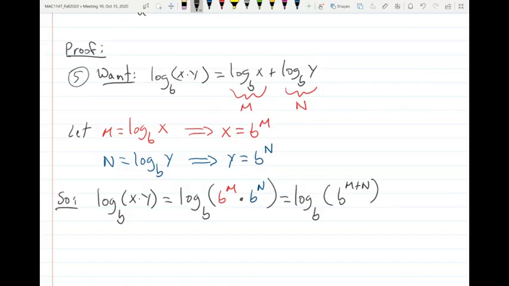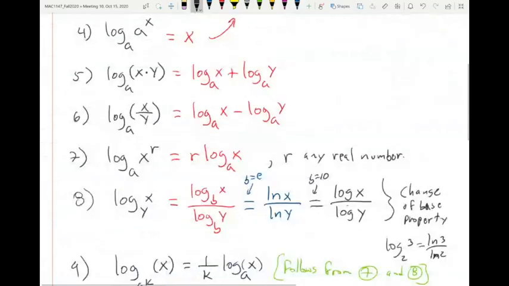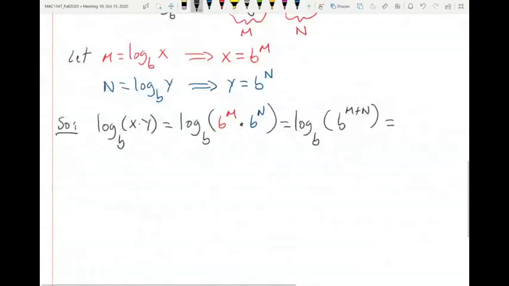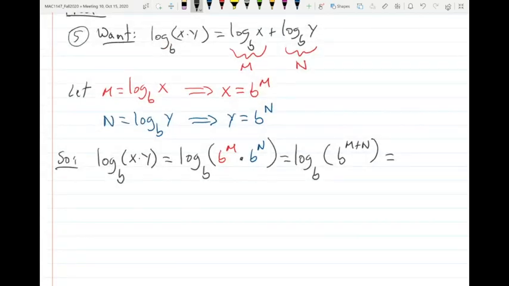But when we look at this, who can tell me what log base b of b to the m plus n is equal to? This is property number 4, right? Very good. The log cancels the exponential because we have the same base, so you get m plus n.